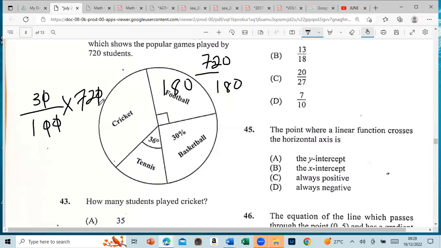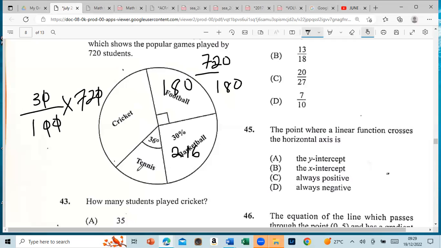So it will be 3 times 72. 3 times 2 is 6, and 3 times 7 is 21. So we know a total of 216 persons play basketball.